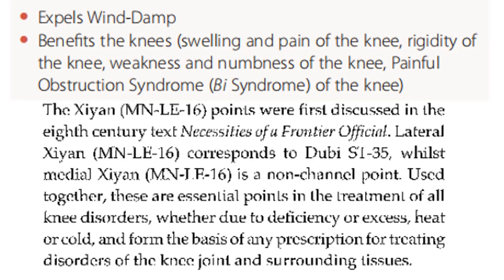Lateral Xiyan corresponds to Stomach 35, while medial Xiyan is a non-channel point. Used together, these are essential points in the treatment of all knee disorders, whether due to deficiency or excess, heat or cold, and form the basis of any prescription for treating disorders of the knee joint and surrounding tissues.